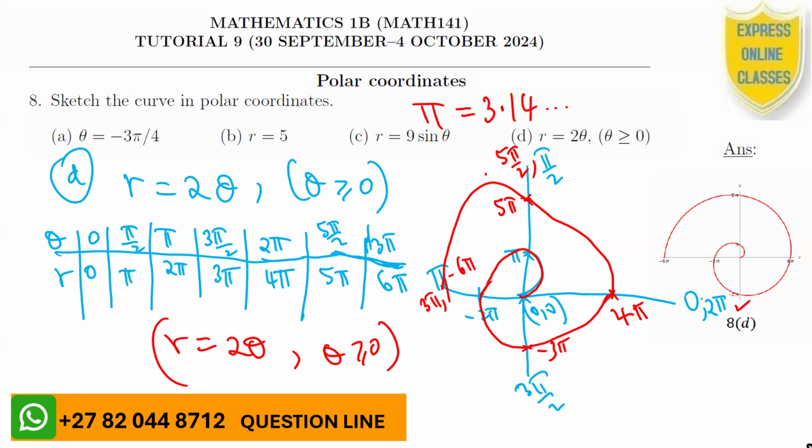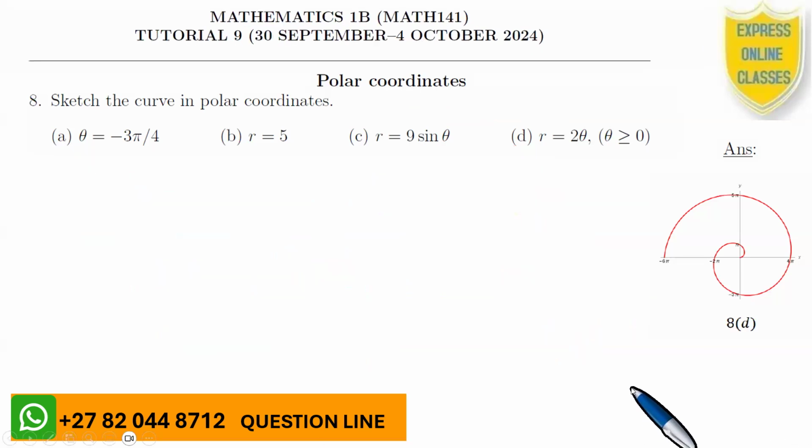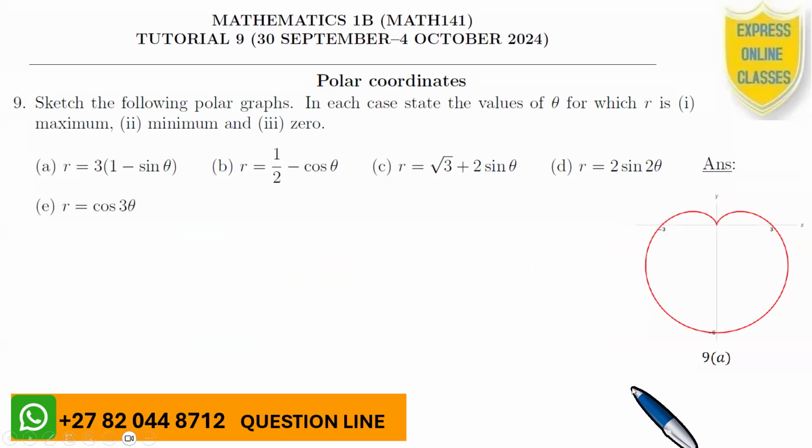So we'll sketch this diagram and then we're going to move to the next question, number 9. Let's check out number 9. Sketch the following polar graphs. In each case, state the values of theta for which r is a maximum, Roman figure 2. That's Roman figure 1 maximum, Roman figure 2 minimum, and the third Roman figure 0.